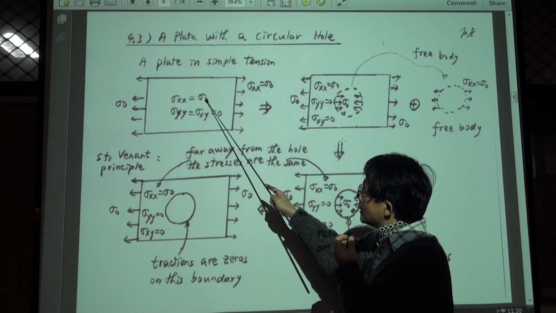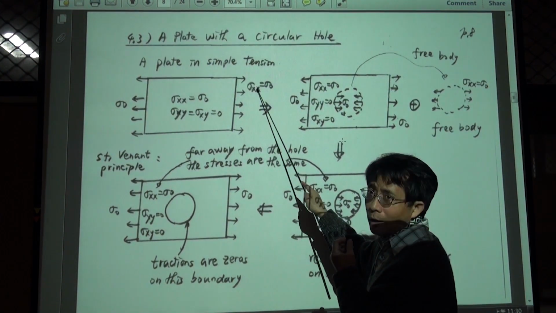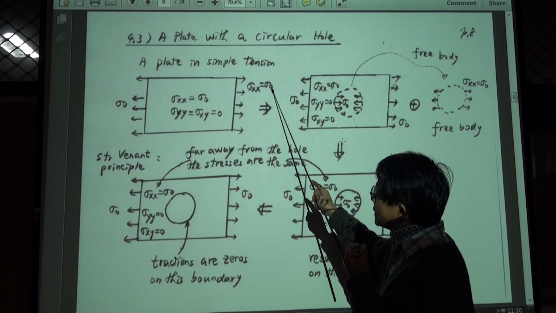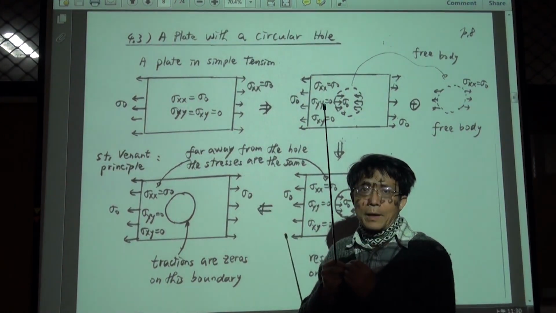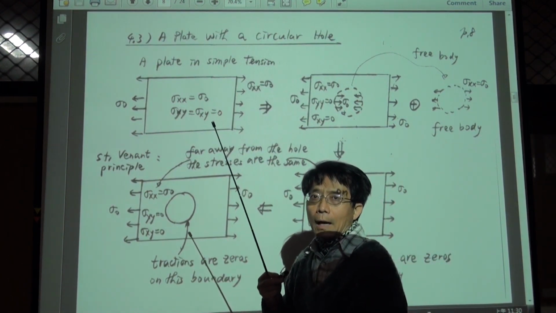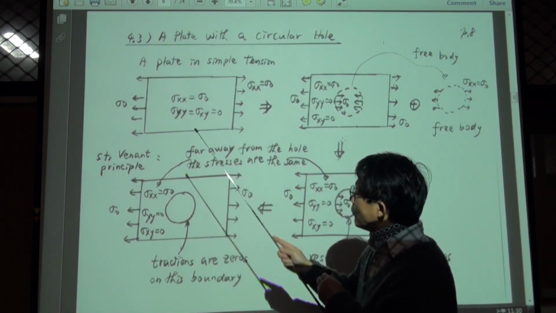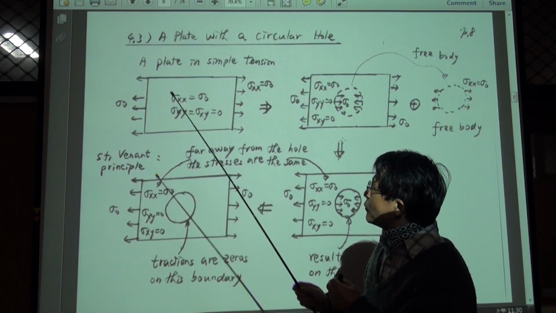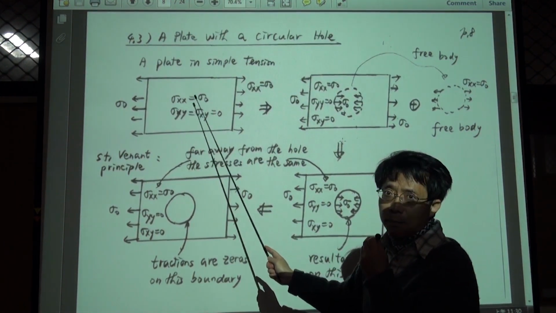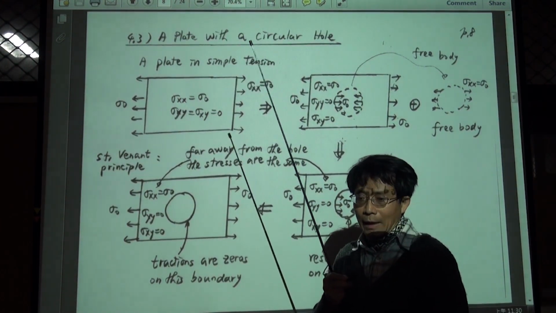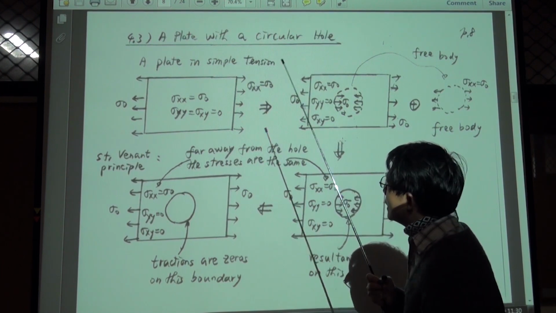Sigma xx equals sigma 0, because here on the boundary, sigma xx equals sigma 0. So inside the plate, sigma xx equals sigma 0. Also, sigma yy and sigma xy are zeros. So for this solid plate with simple tension, the stress states are easy to determine.